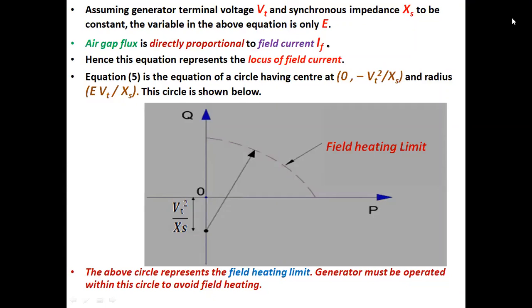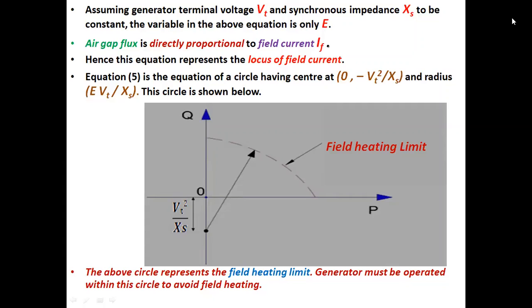The variable in the above equation is only E. Air gap flux is directly proportional to the field current IF. Hence, this equation represents the locus of field current.